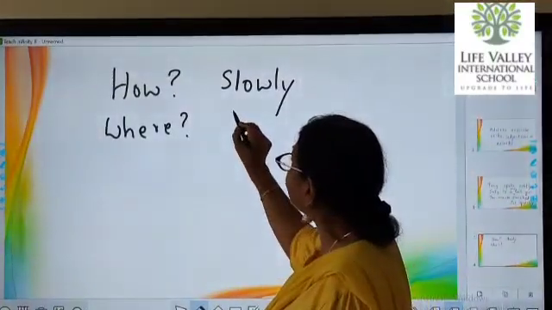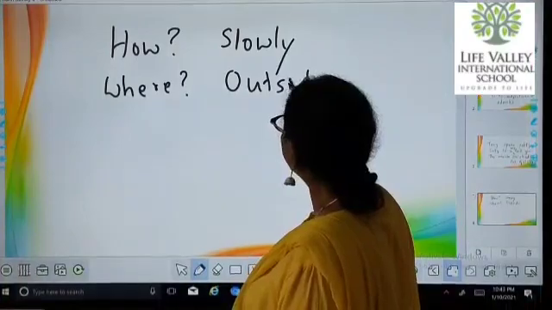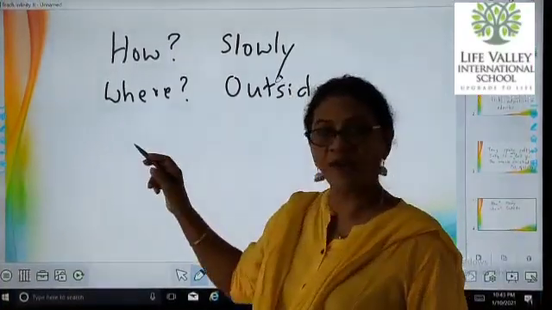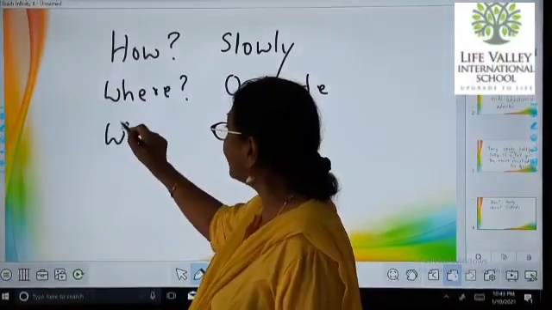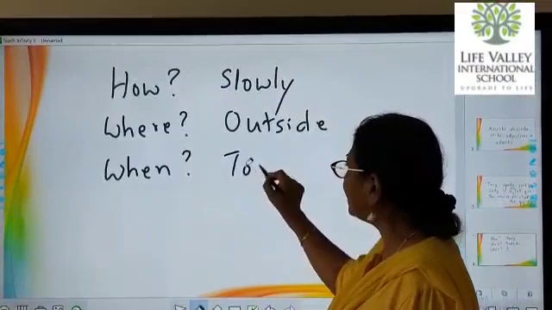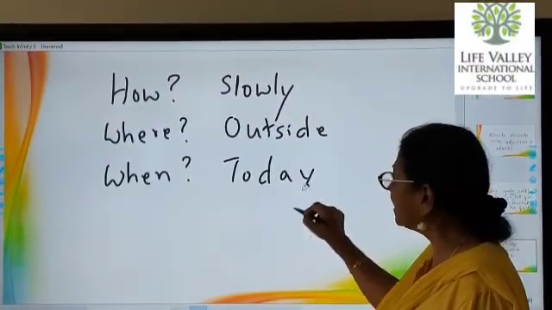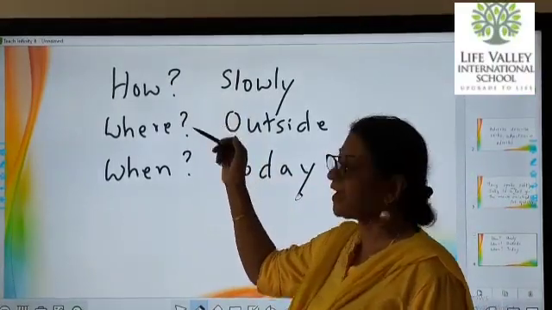So you can say places. So outside, inside, here, there. They're all adverbs. Then you can also ask the question when. So you can say today, yesterday. Okay, so adverbs will answer the question how, where, when.